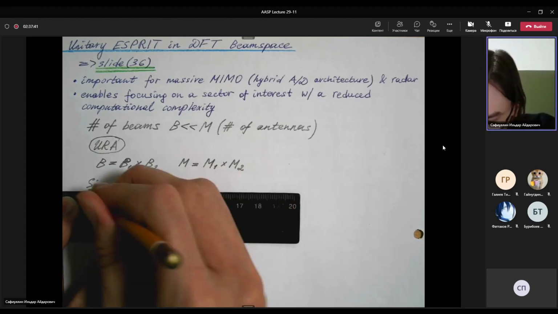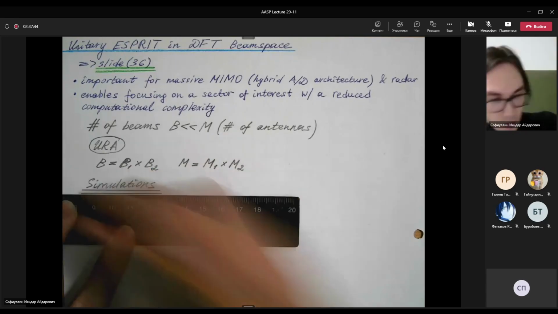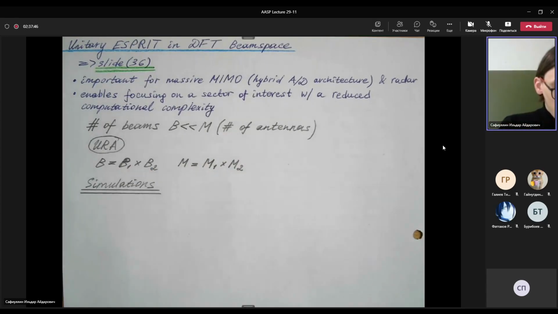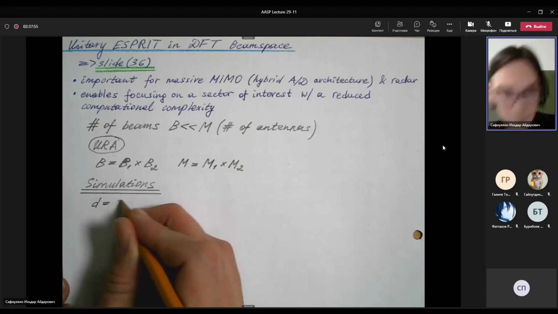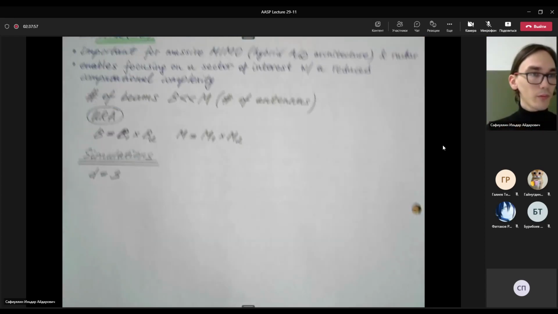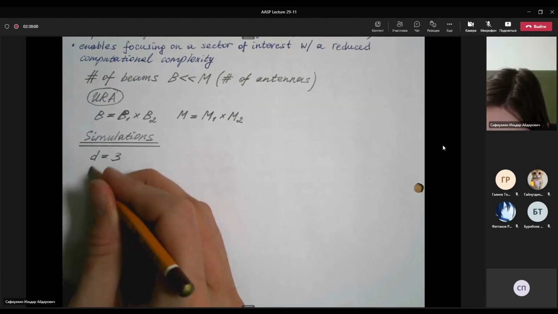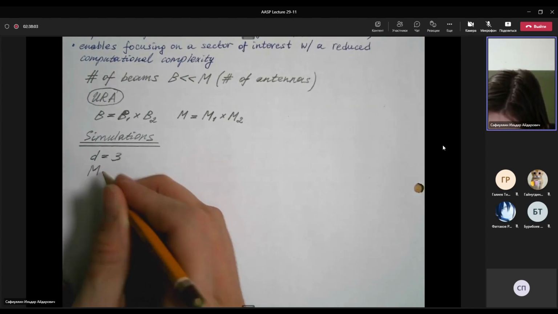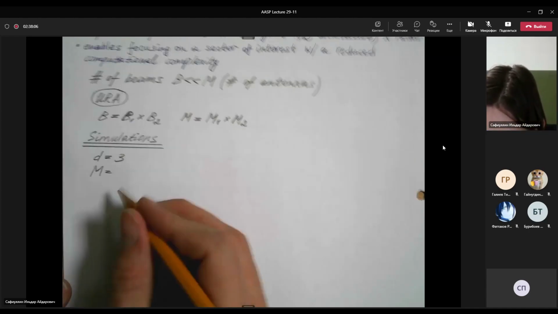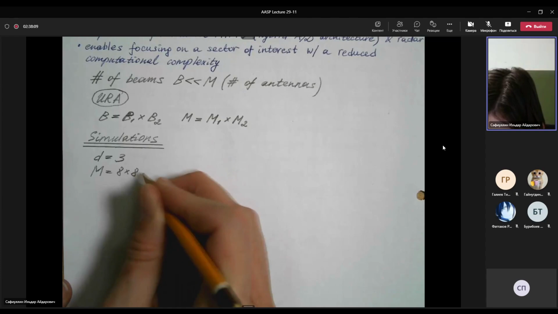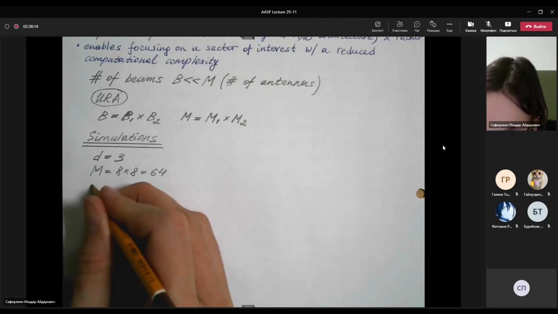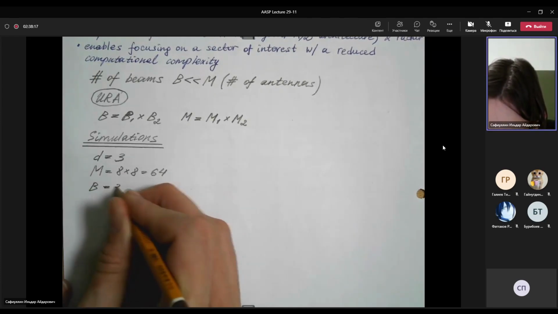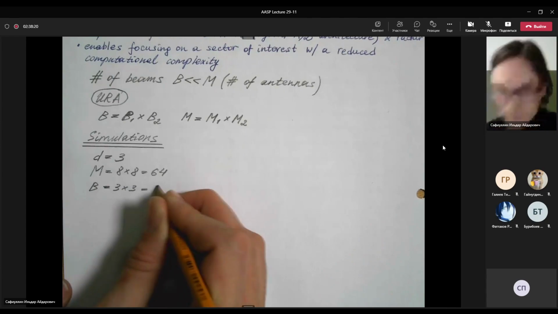So we have some simulations, and we, for example, use the number of sources equal to 3, the number of antennas or array elements equal to 8 times 8, so it is overall 64, and the number of beams equal to 3 by 3, so it is 9.